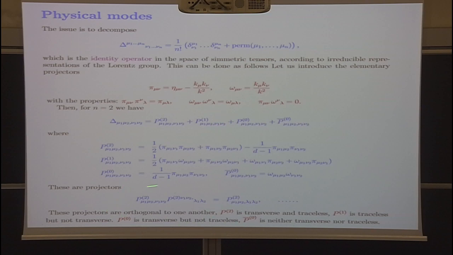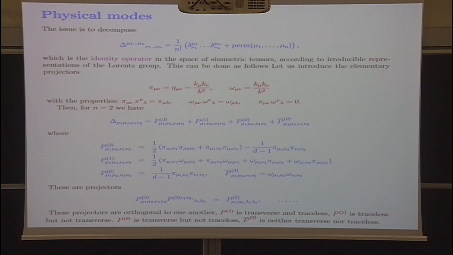These projectors are all orthogonal to one another. P2, the first, is transverse and traceless, the highest spin, spin 2. P1 is traceless but not transverse. P0 is transverse but not traceless, and P0 bar is neither transverse nor traceless.